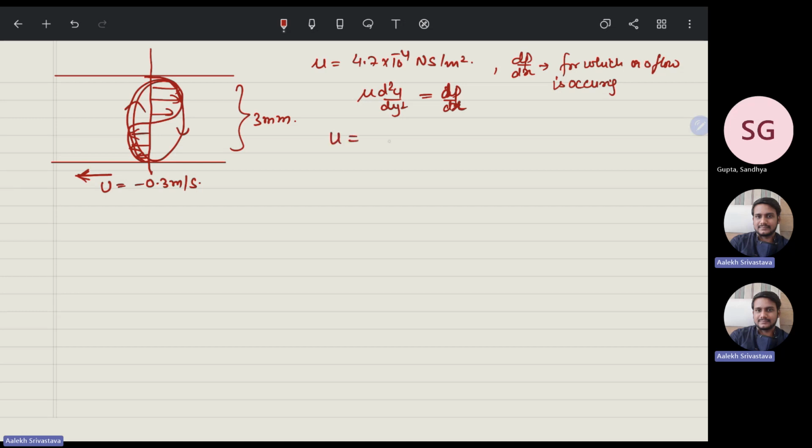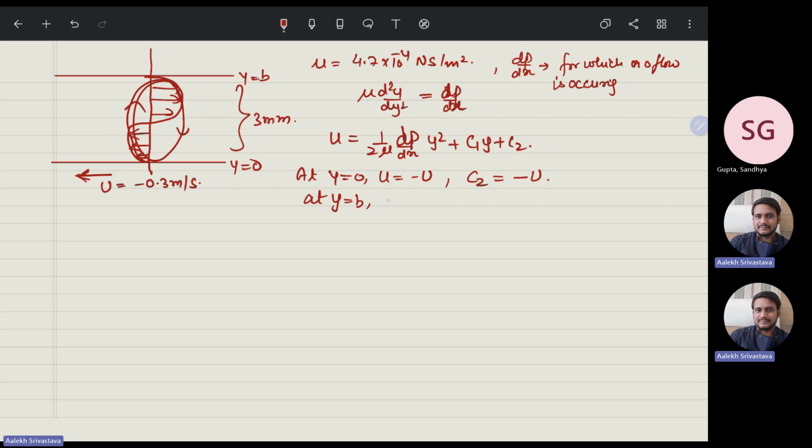So if you simply solve, you will get u is equal to 1 by 2 mu dp by dx into y square plus c1 y plus c2. Now at y is equal to 0, u is equal to minus U, that is 0.3 meter per second. If you put that in, c2 is equal to minus U. And at y is equal to b, you have u is equal to 0.